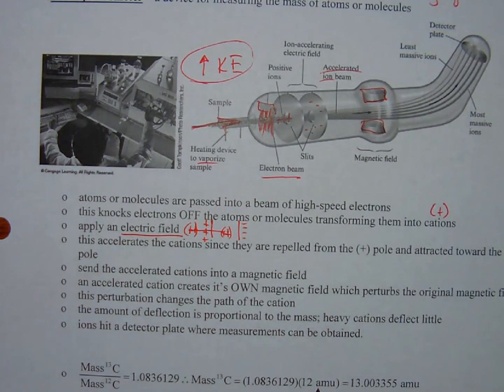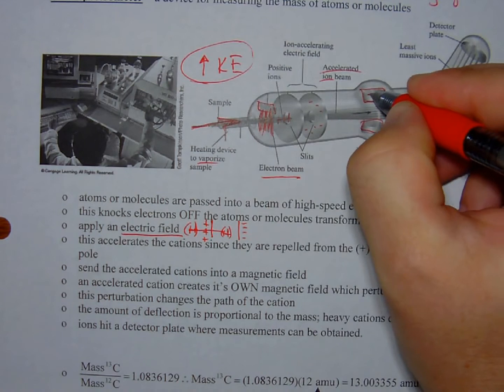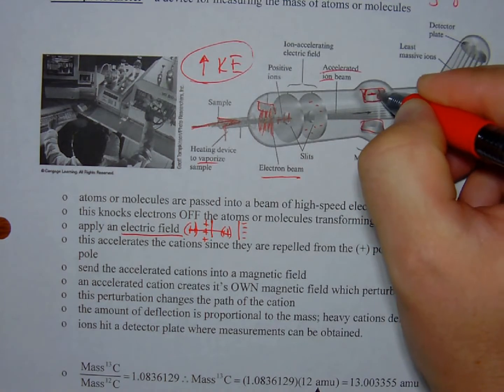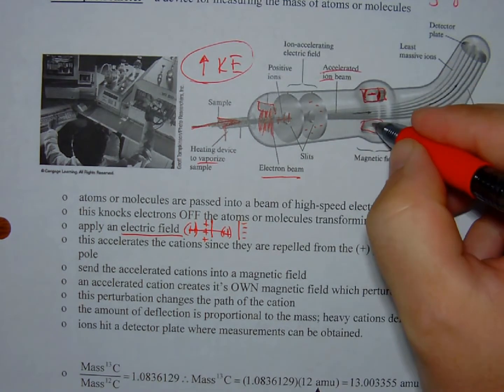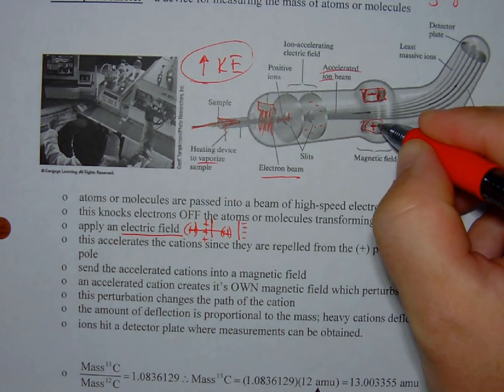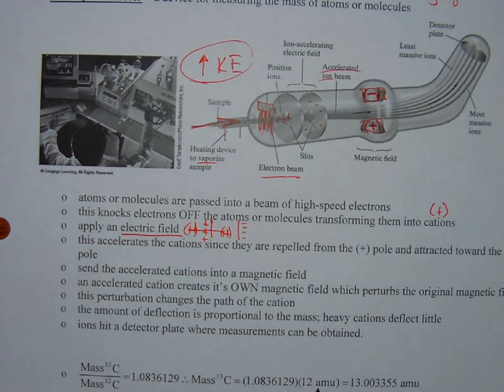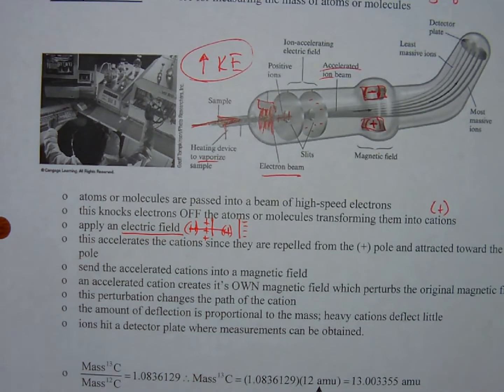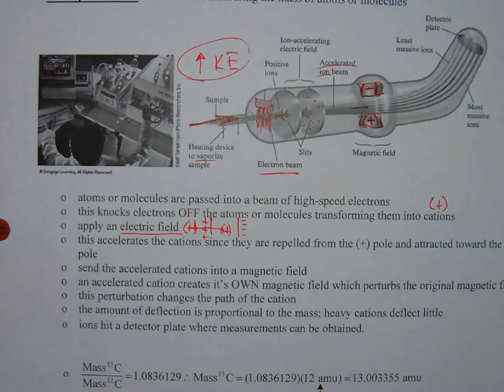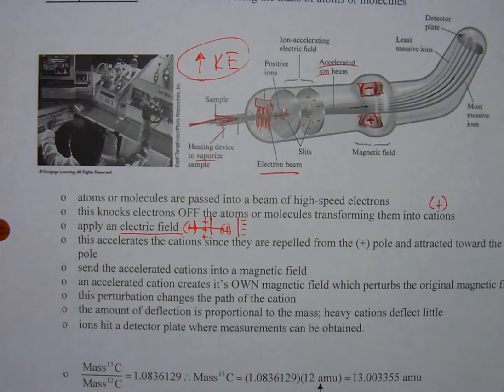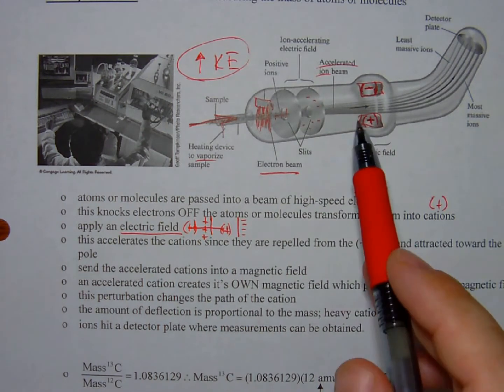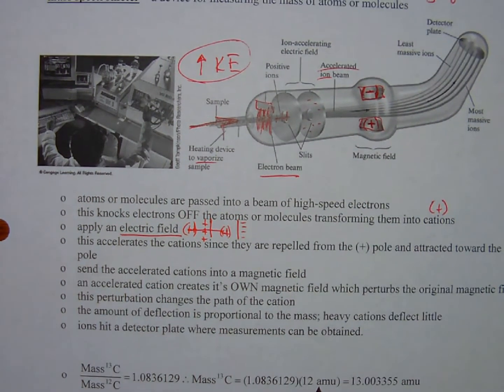Now, the way this is oriented, I believe this is going to be negative, a negative magnetic field, and this bottom one will be a positive magnetic field. So now that these are charged and they've been accelerated, they actually have their own magnetic field.